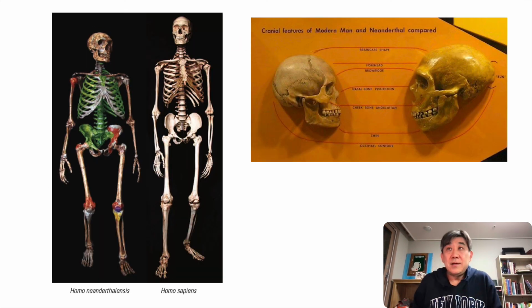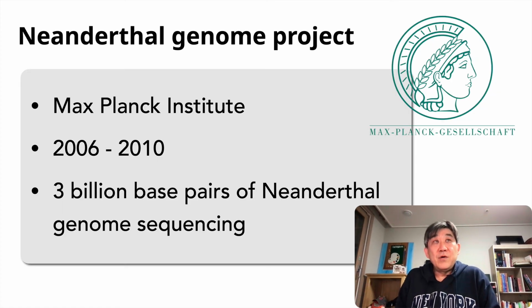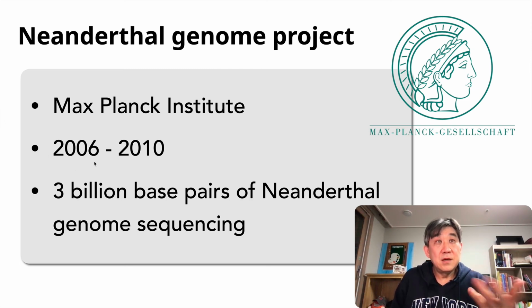Speaking of that, the Neanderthal and human genomes have been compared. Before the Neanderthal genome project, which occurred in 2006, about 4 years earlier the human genome was already entirely deciphered through the Human Genome Project.